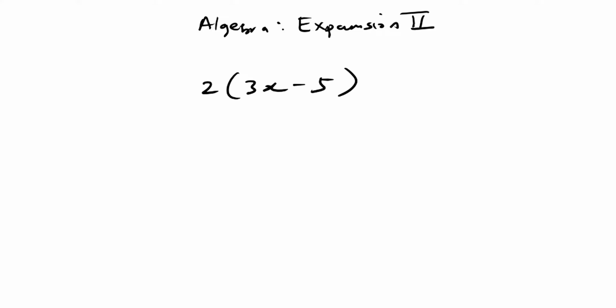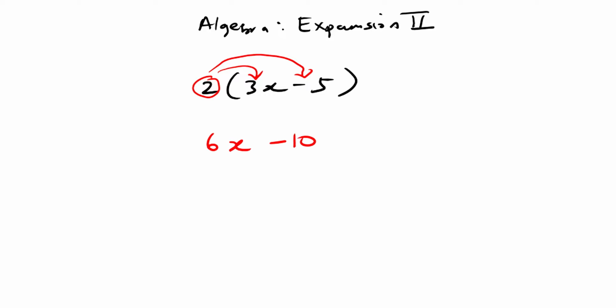Very simple. We typically used examples where there was only one term sitting outside the bracket and then you are to expand this. Of course, this is very easy. At this point in your lesson, you know that this will be expanded to be 6s - 10. Okay, simple as that.